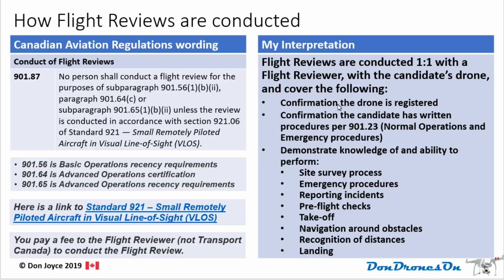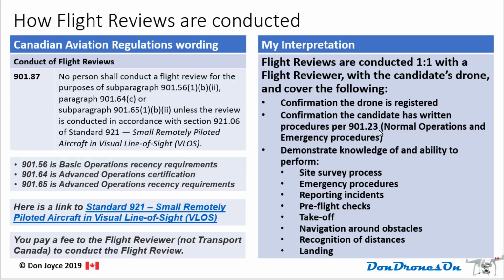First of all, they confirm that your drone is actually registered. That would be horrible if you arrive with a drone that's not registered and get booted out because of that. Second of all, they confirm that you, the candidate, have written procedures according to 901.23. Now we'll get to this in another module.